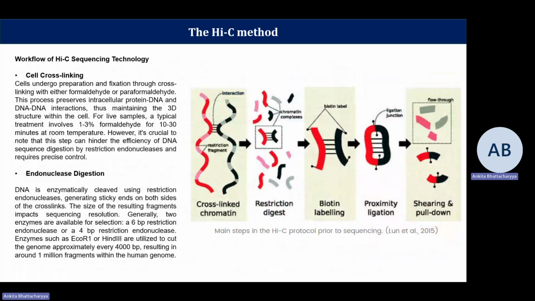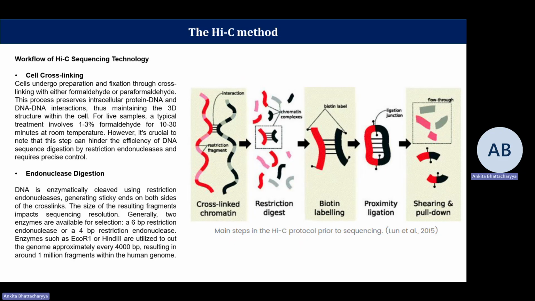So if you look at the workflow of IC sequencing technology, the first step is that cells need to be cross-linked. So cells undergo preparation and fixation through cross-linking with either paraformaldehyde or formaldehyde, which preserves intercellular DNA protein and DNA interactions, maintaining the 3D structure inside the cell.